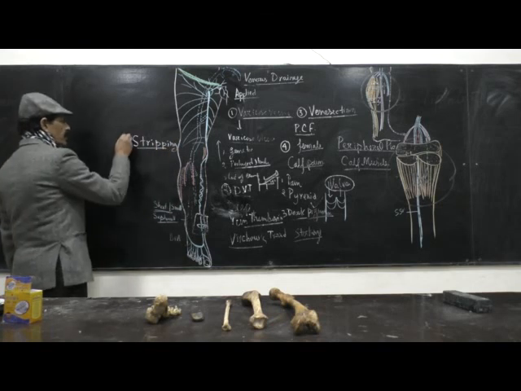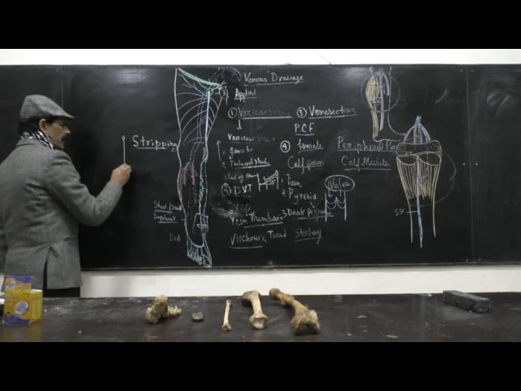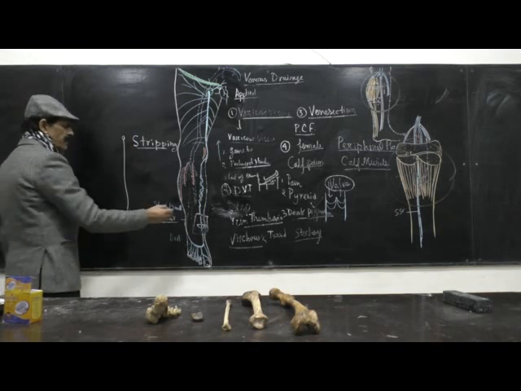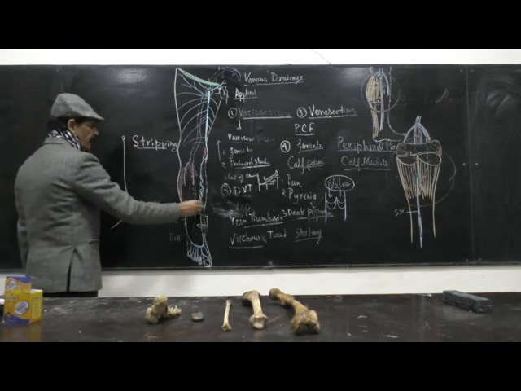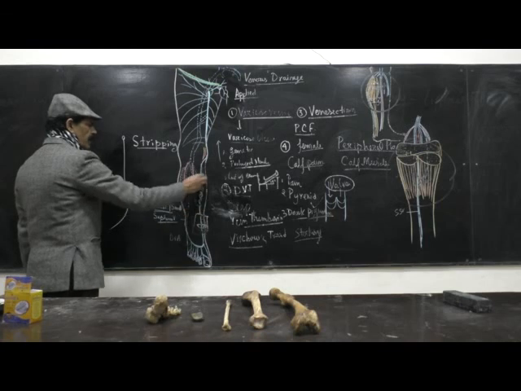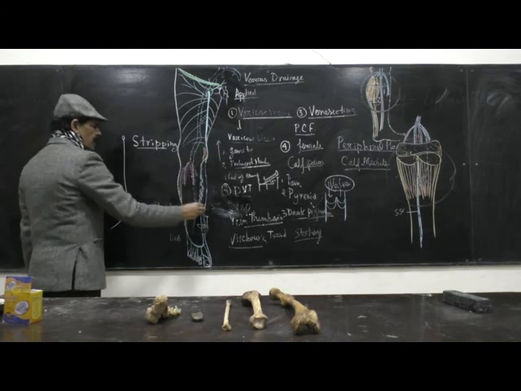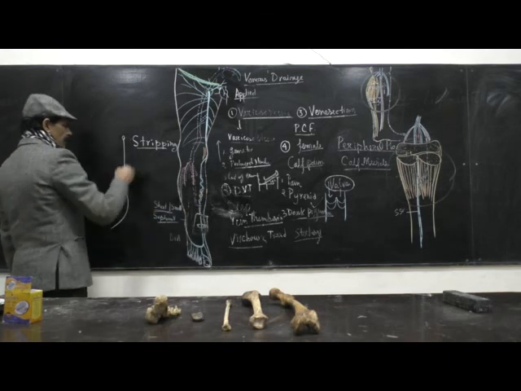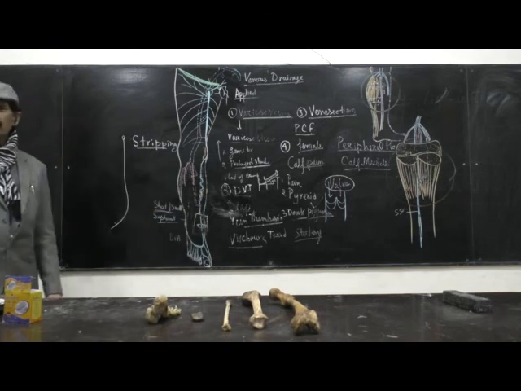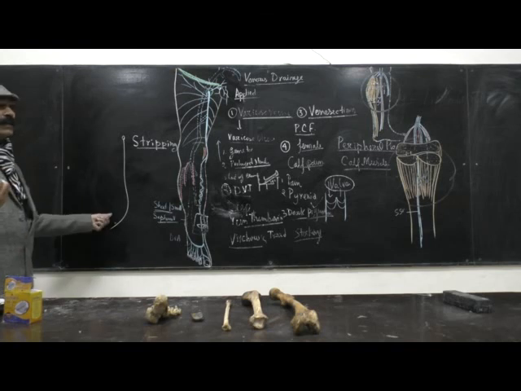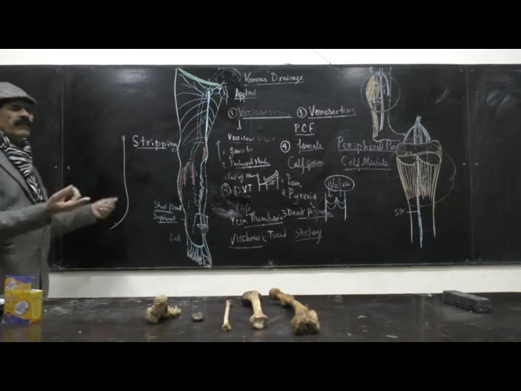In the surgical procedure, a small thin wire is pushed into the vein as it goes upward. Then we pull this thin wire and open the vein.